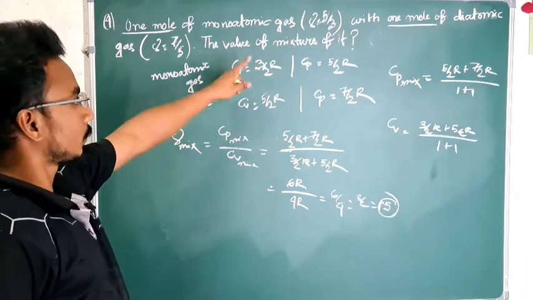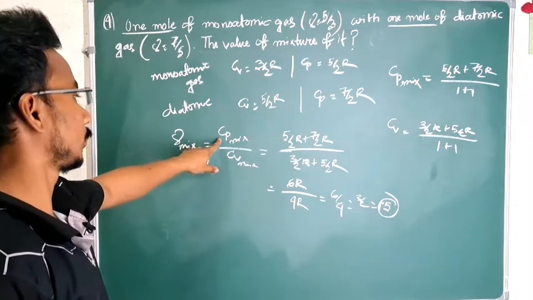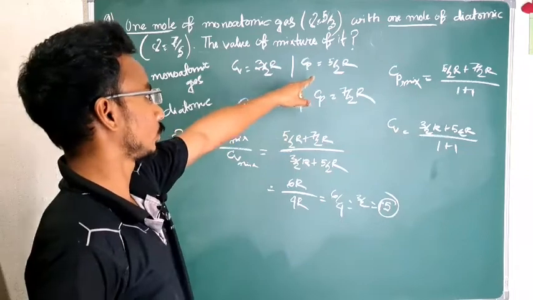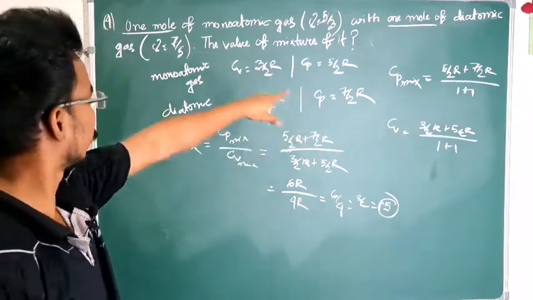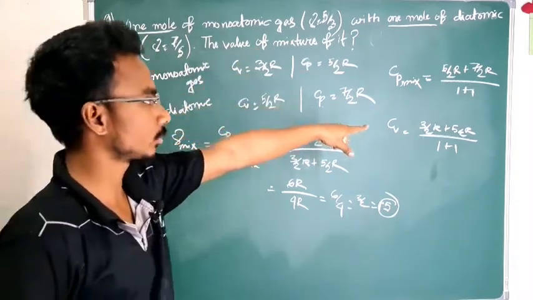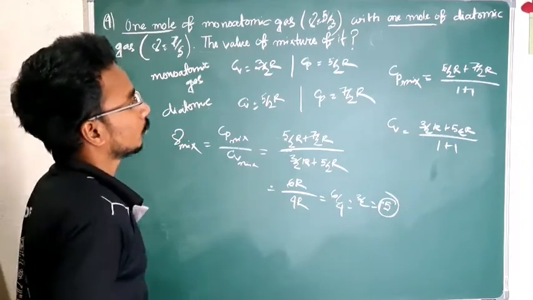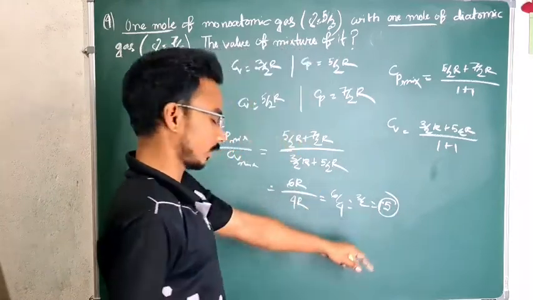They are asking about the value of the mixture. Mixture means gamma mix they are asking. Gamma mix means Cp mix by Cv mix. Cp mix, how to calculate? Take the two Cp values of monoatomic and diatomic, divided by the moles, in the ratio they are giving, 1:1, so 1 plus 1. If they are giving 2 moles, then 1 plus 2. Similarly here, divide it, get the answer.